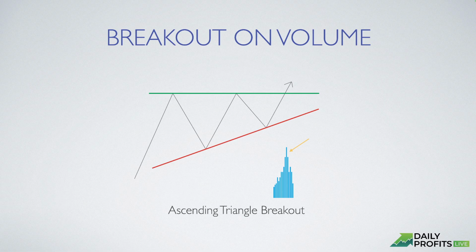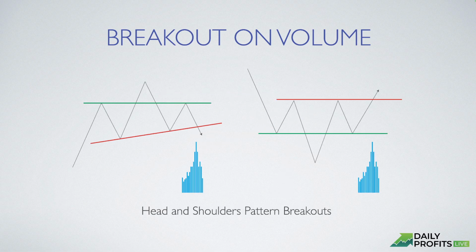And what else are we looking for? We're looking for that breakout to happen on volume. We want to see that push up, and then we want to see our volume down below give us a little bit of a push to confirm that that's going to be a breakout that's going to hold.